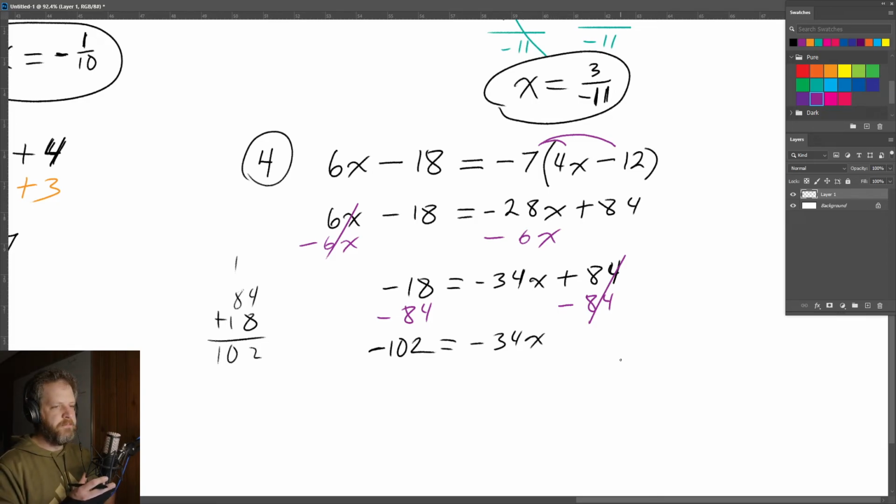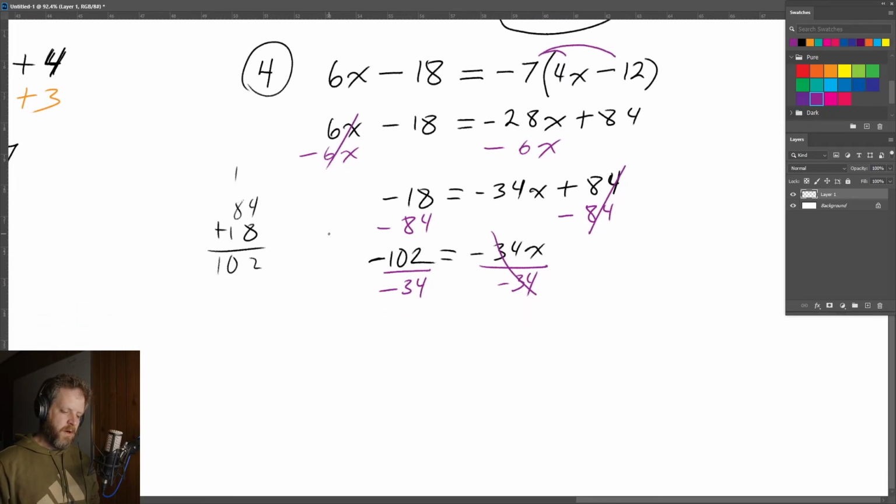Now what, y'all? Divide the 34. I don't see a 34. -34. So what do we need to do with all of that?